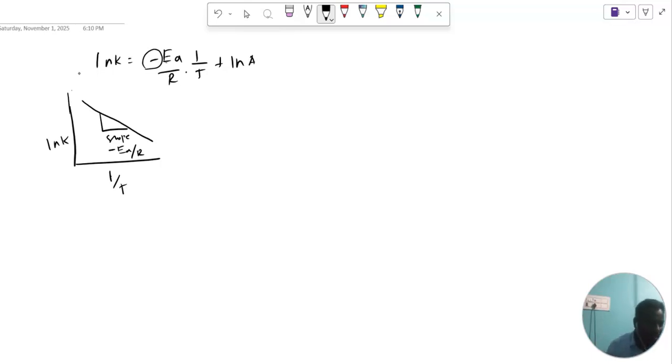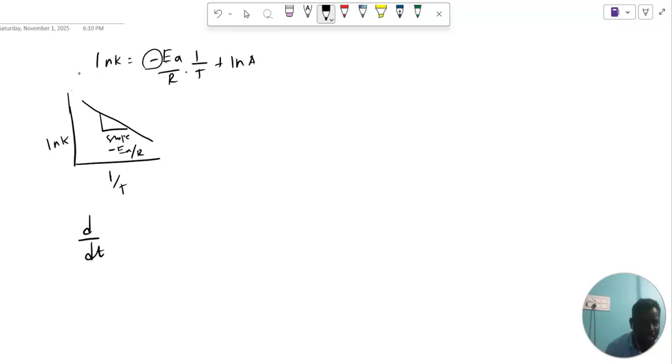So from this equation, with respect to two different temperatures, how it changes, it is easier by differentiating this equation. Differentiate this equation with respect to temperature.